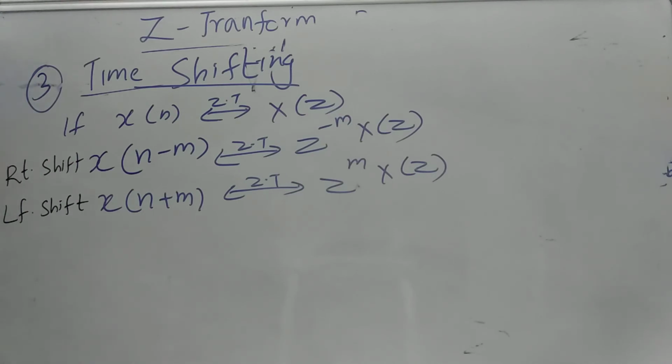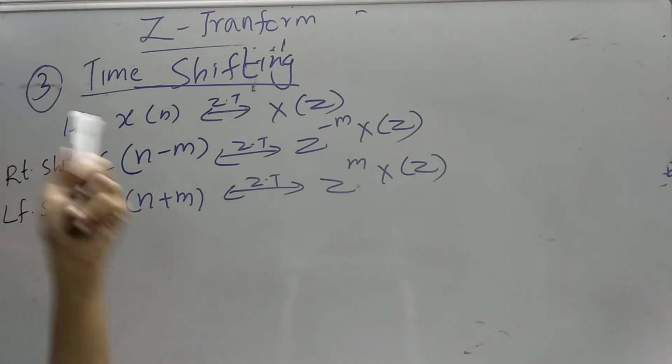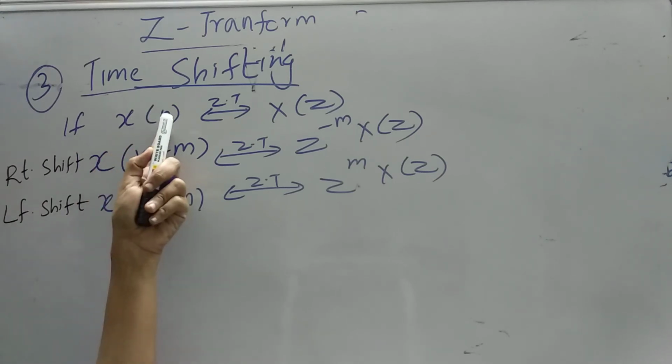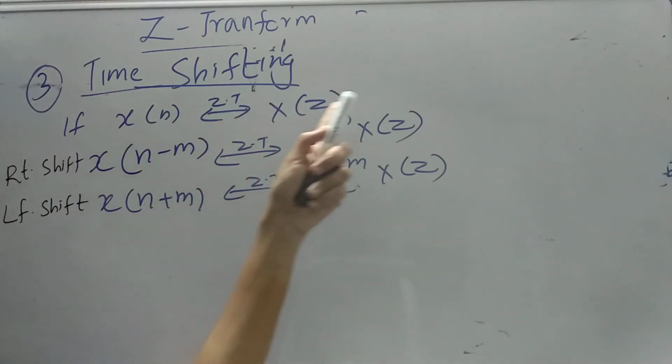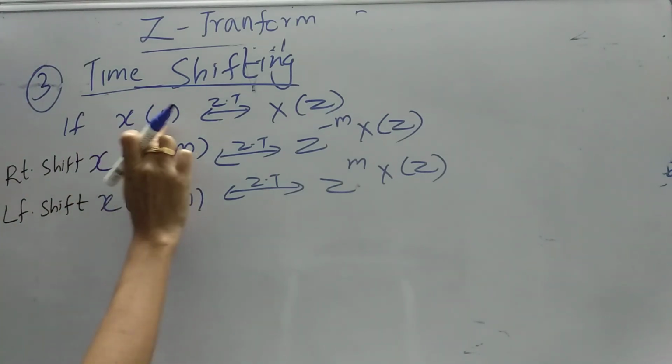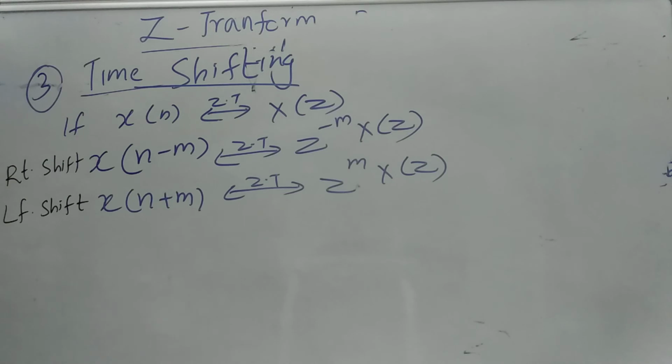So what is the time shifting property? If we have a discrete time signal, say x of n, this x of n has a z transform pair x of z. I already told you that the z transform is used for discrete time signals.